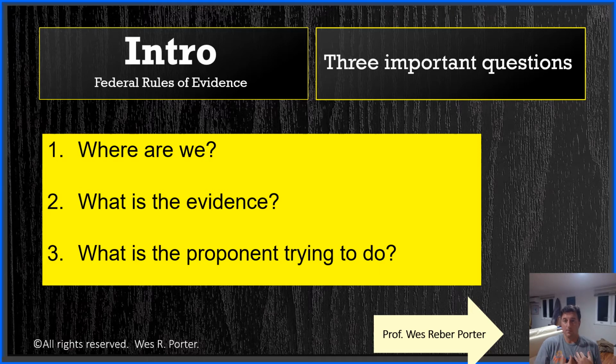Obviously, if I'm the opponent and the proponent is asking questions of a witness and I object, I'm going to be saying this proponent is trying to do something that's improper. This proponent is trying to put on evidence that violates the rules. They are trying to do something that cuts against the rules, and I have the obligation to stand up and object as the opponent. That's one of the things that I'm going to be patrolling.